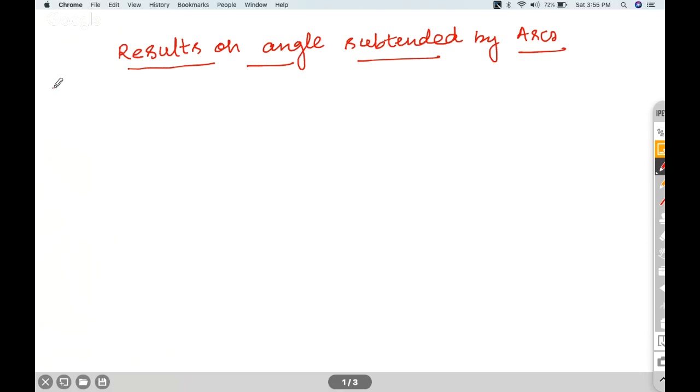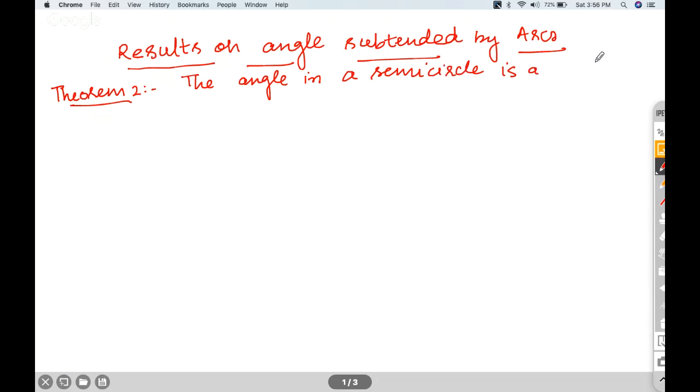Theorem 2 is: the angle in a semicircle is a right angle.